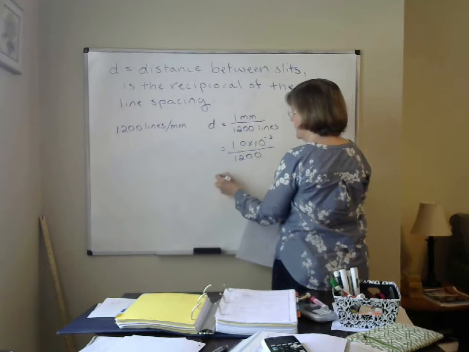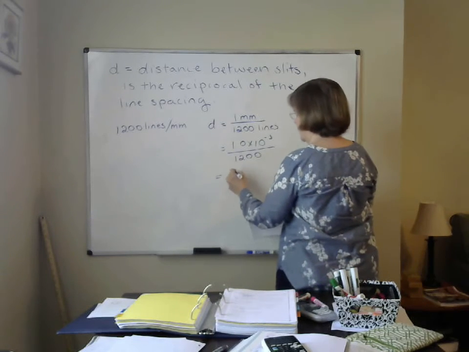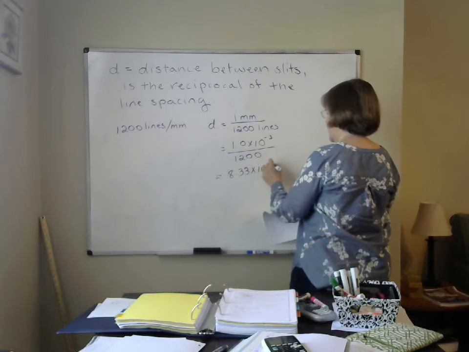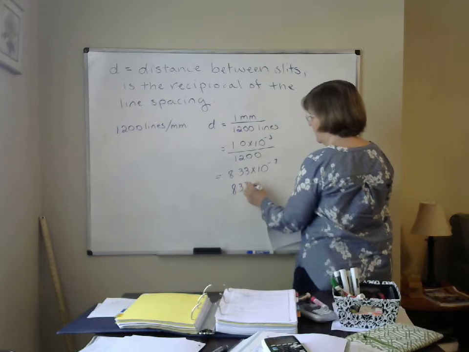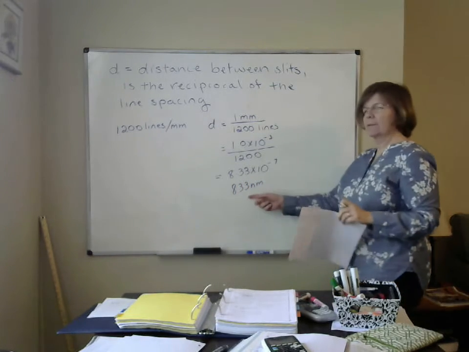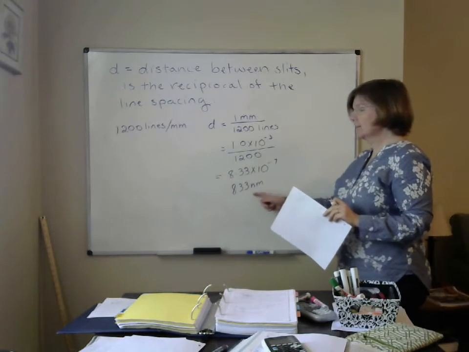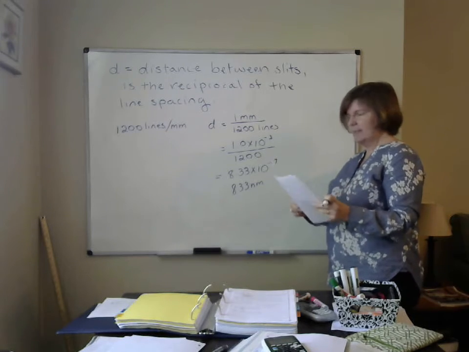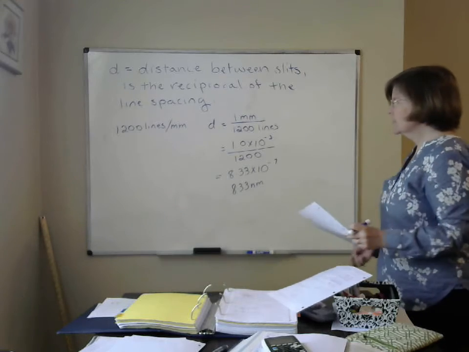So if I put that in a calculator, I realize that my line spacing is 8.33 times 10 to the negative 7 meters, or 833 nanometers. Now that's not quite as small as a wavelength of visible light, but it's close. Visible light is on the order of 400 to 700 nanometers. So it's the same order of magnitude. All right, let's do an example.